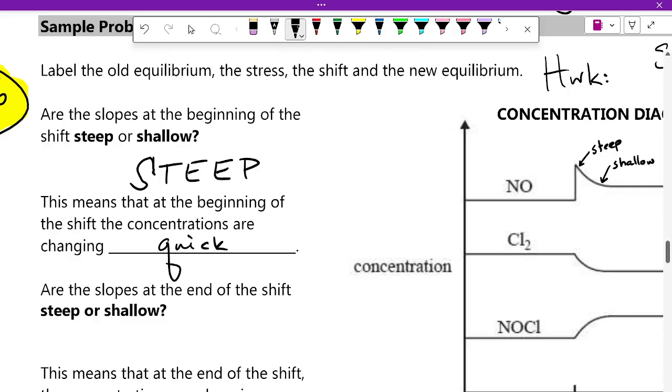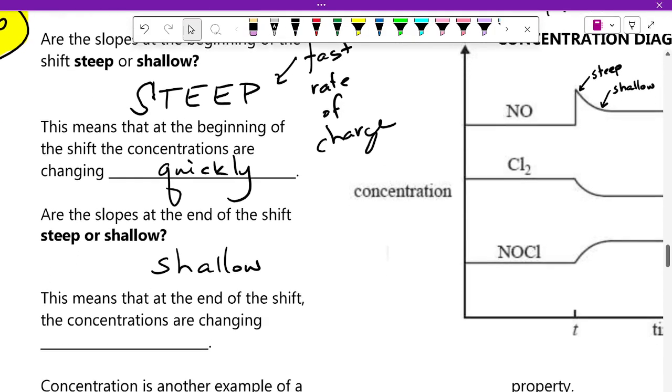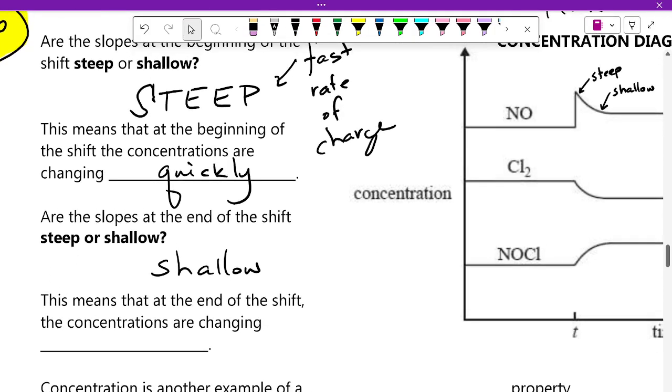A steep slope means a fast rate of change. Towards the end of the shift, we just said those are shallow. The slope is shallow. That means that towards the end of the shift, the concentrations are changing slowly.